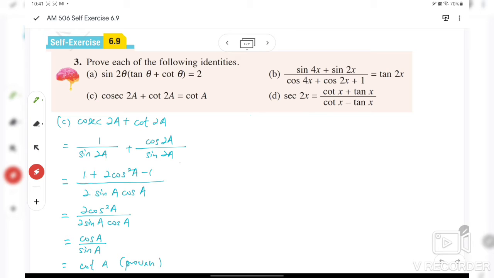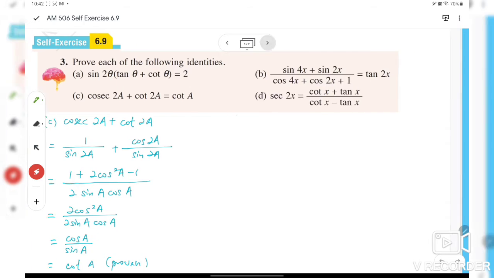So now we have 1 plus 2 cosine square A minus 1, which is the expansion of cosine 2A, and then over the common denominator with the expansion of 2 sine A cos A. After simplifying on top, we will get 2 cosine square A over 2 sine A cos A. So cut off the common factor and we are left with cosine A over sine A, which is cotangent A.